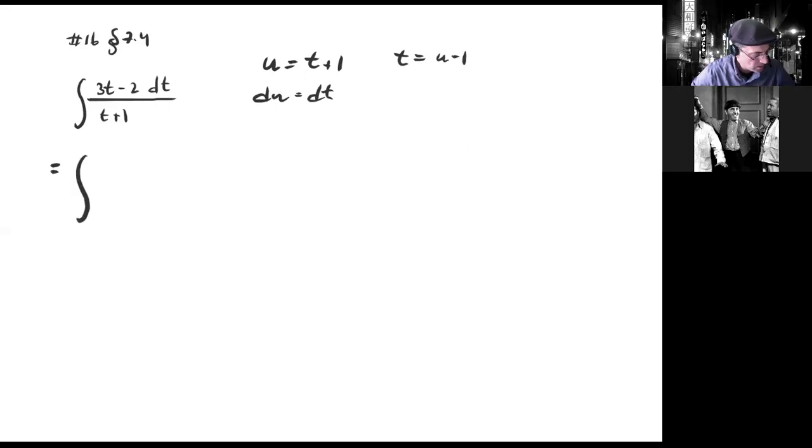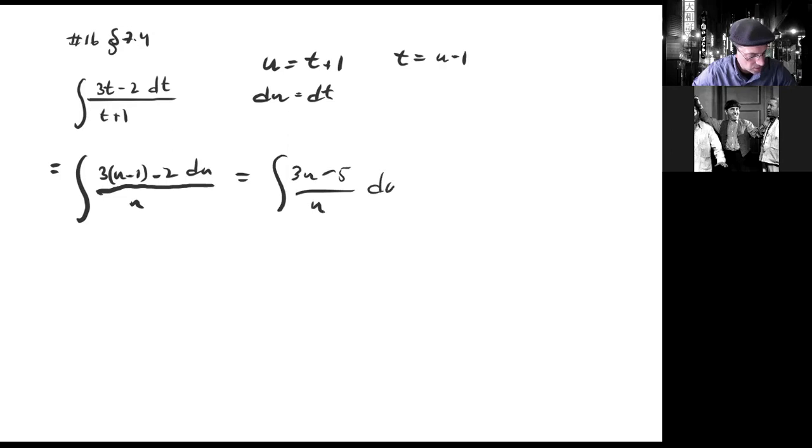And we get 3 times (u minus 1) minus 2, du over u, which is the same thing as the numerator becoming 3u minus 5 over u du.